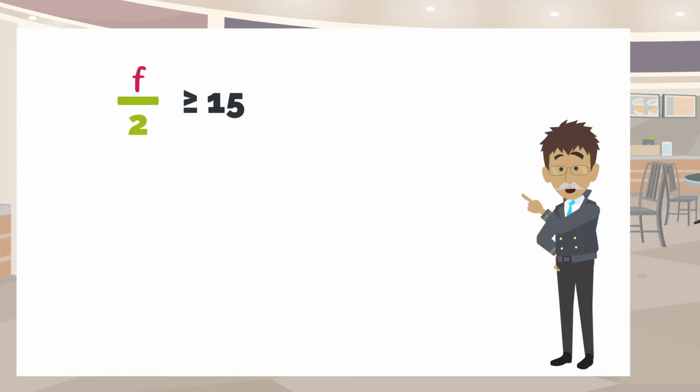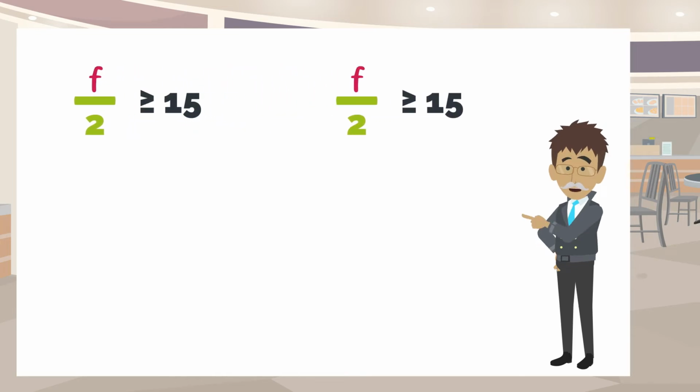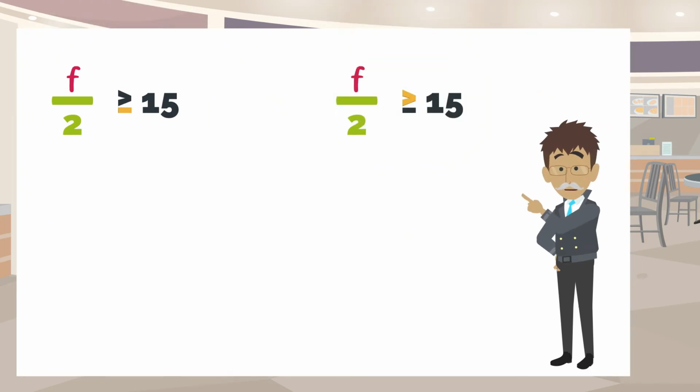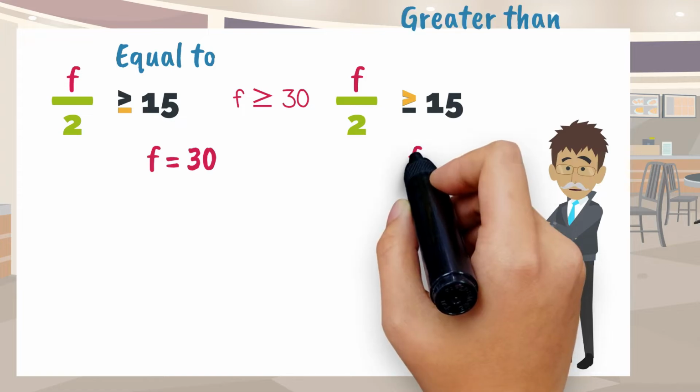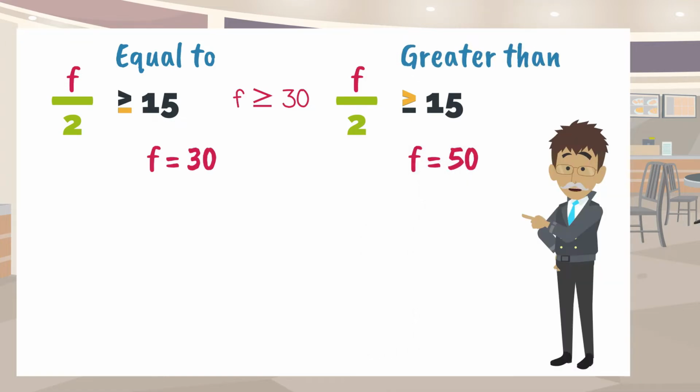Checking our possible solution means beginning with the original equation, substituting our solution for the variable, and simplifying. First, because this is an inequality, I like to check the possible options, the equal to part and the greater than part. I will check using f equals 30 and f equals 50 to see if both work.